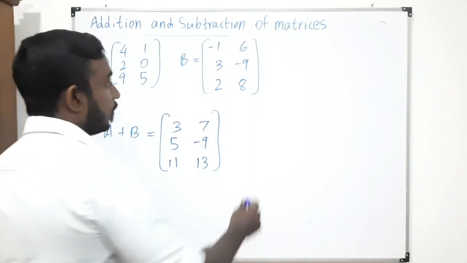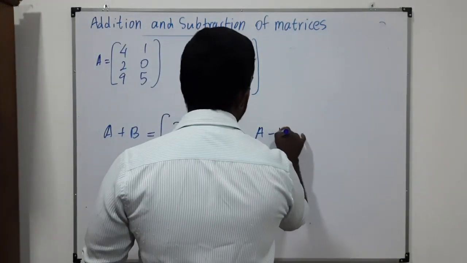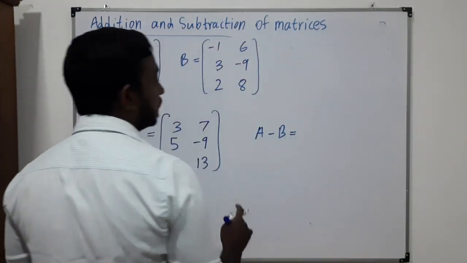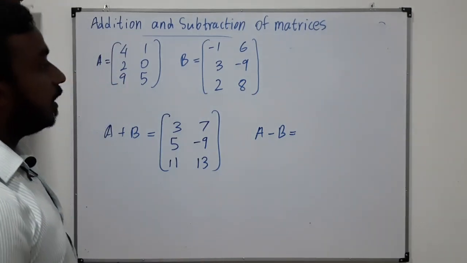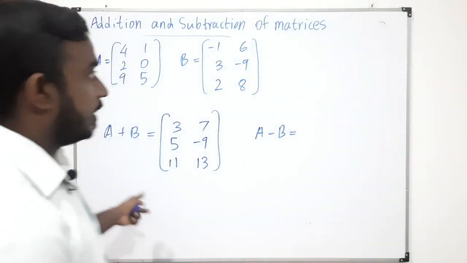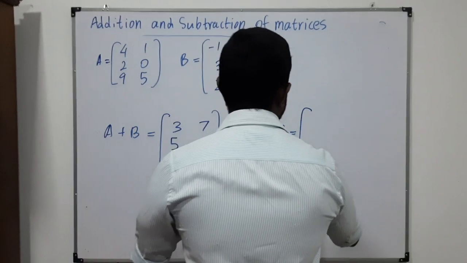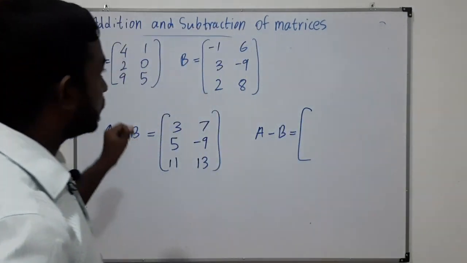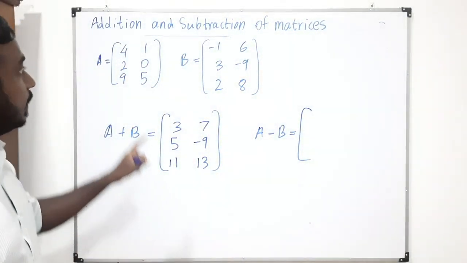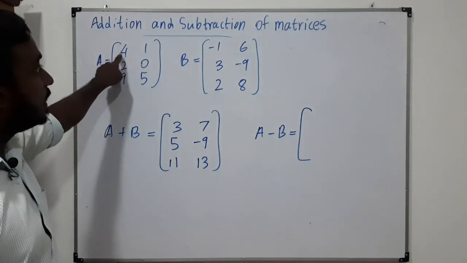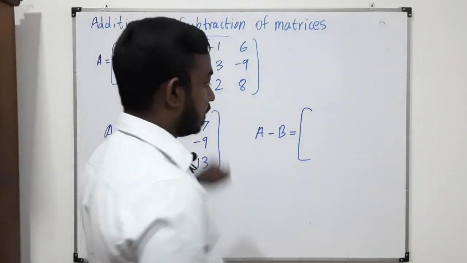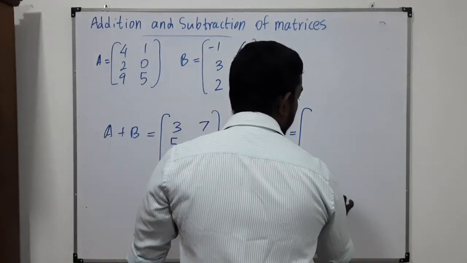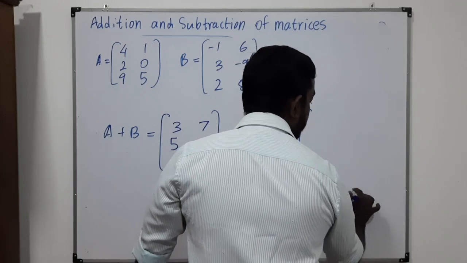Okay, let us see how we are going to find A minus B, how to subtract matrix B from A. Again, we have to do the same thing, but we have to be careful here. Now 4 subtract -1. If I write it separately like this, 4 subtract -1.